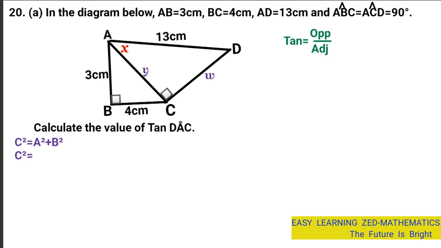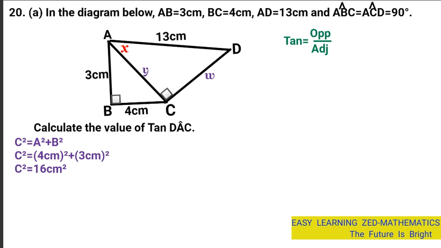I have left out the units, but you can still include them. Then we find the squares of 4 and 3. The square of 4 centimeter is 16 centimeter squared, plus 9 centimeter squared, and 9 is the square of 3.